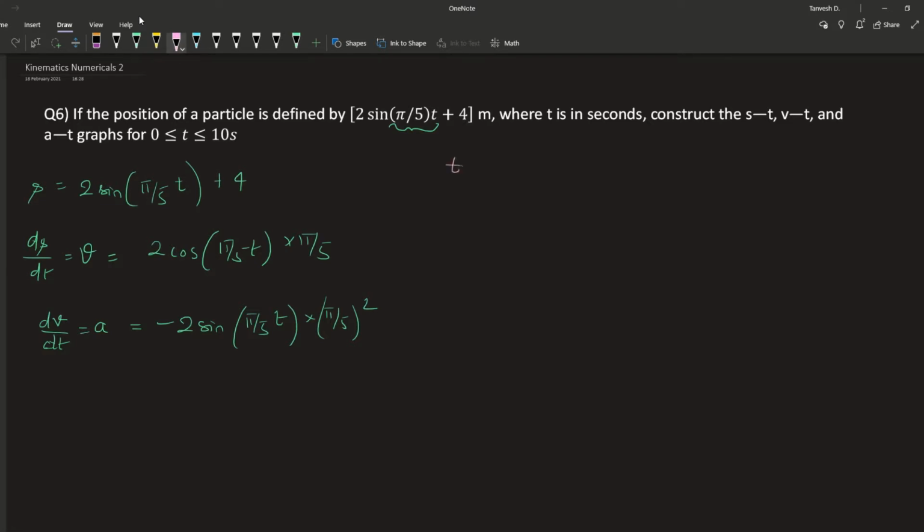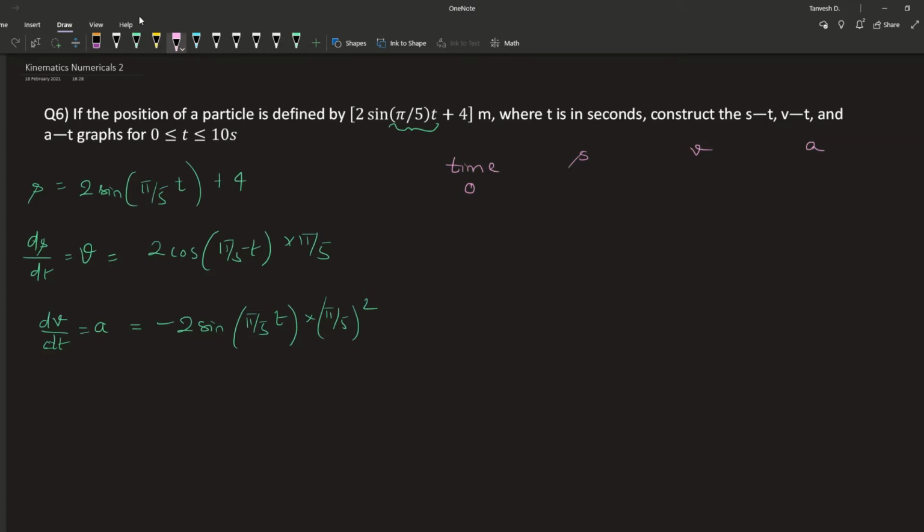Now we will be drawing a table from which it becomes much easier for us to draw the graph. So time is one of the columns. Displacement we have, velocity and acceleration. Time is ranging from 0 to 10. It means that it will start from 0, and then you can have suitable intervals. You can either have an interval of 1 second, so it will be 0, 1, 2, 3, 4, 5, or the lesser the interval, the better would be the graph form.